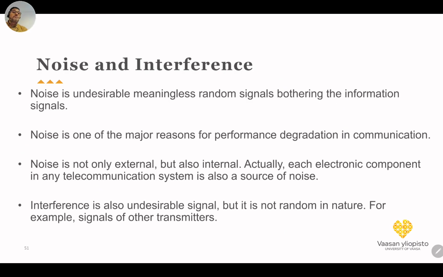Okay, now we talk about noise and interference. Noise is any undesirable and meaningless random signal which bothers our information signal. Actually, noise is the major reason for performance degradation in communication. Noise is the parameter which limits the capacity that we can achieve in a communication system.